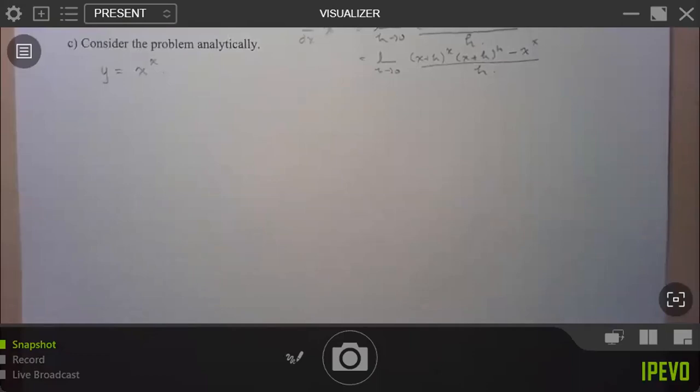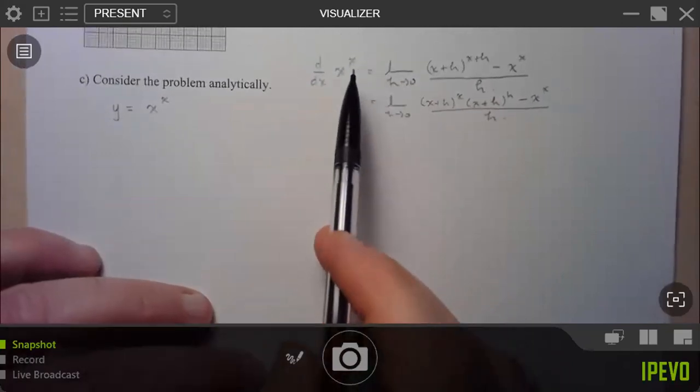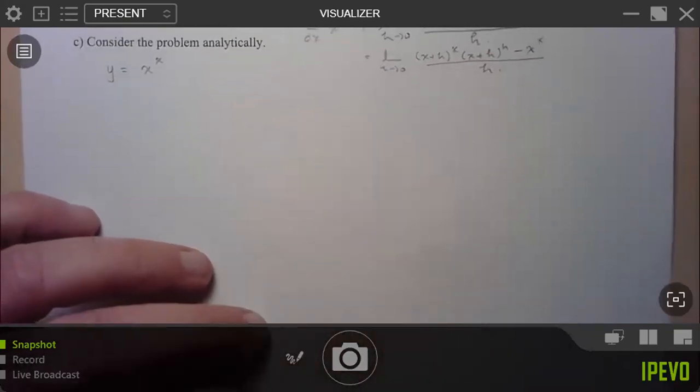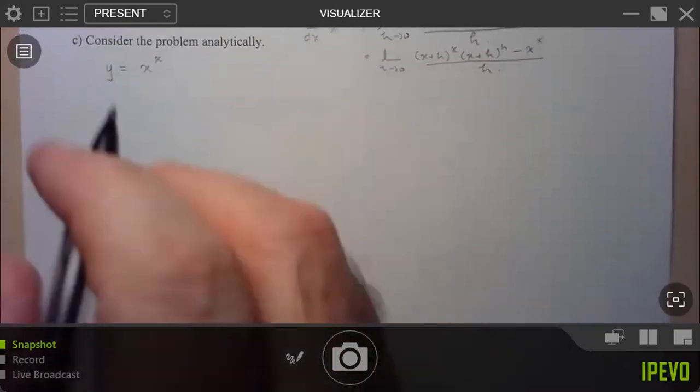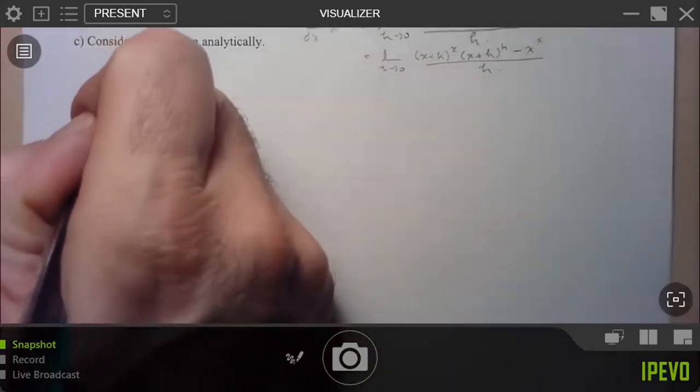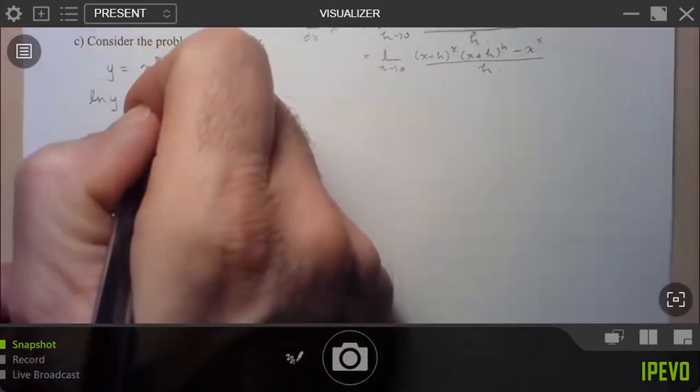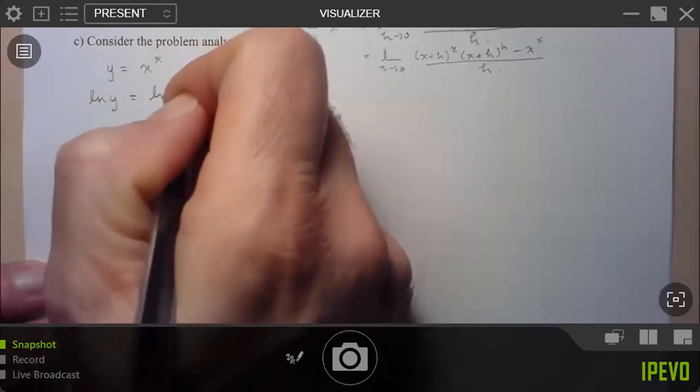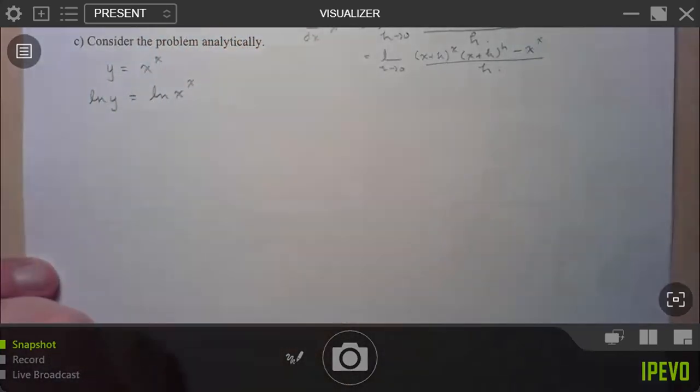Okay. Because at some point, remember what our goal is. Our goal is to find the derivative. So if we're going to be using derivatives and it involves logarithms, it makes sense to take the natural logarithm of both sides. And why is this of use to me?